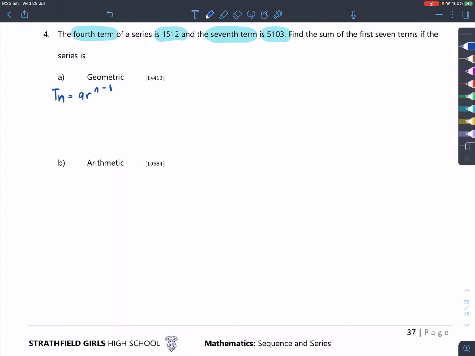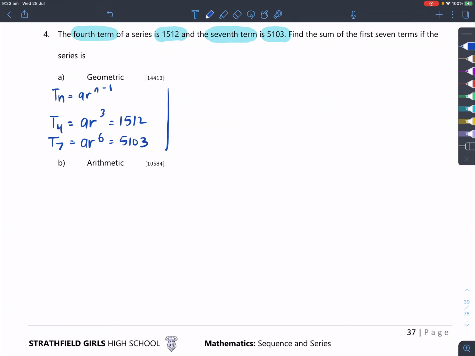T4 would equal ar to the power of 4 minus 1, which is 3, and this is equal to 1512. T7, the seventh term, is going to be ar to the power of 6, and that is 5103.